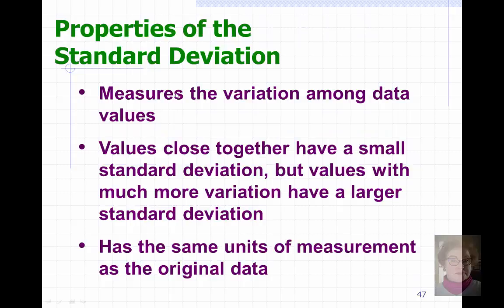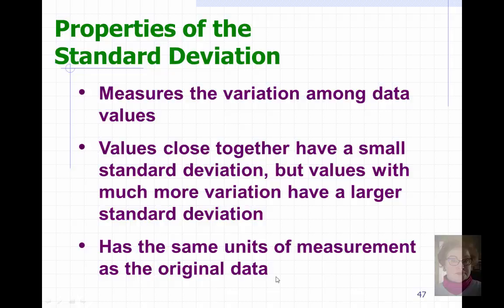Okay, again, standard deviation measures the variation among the data values. When data values are close together, you'll have a very small standard deviation. But if the standard deviation is larger, you will have much more variation in the values.